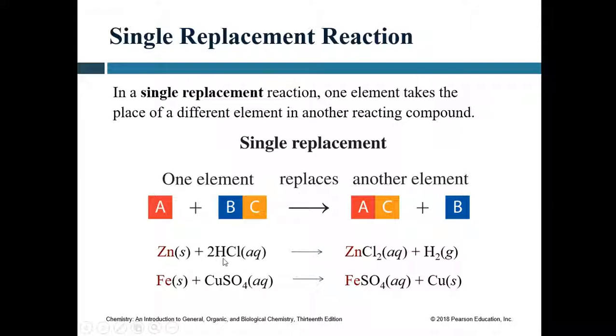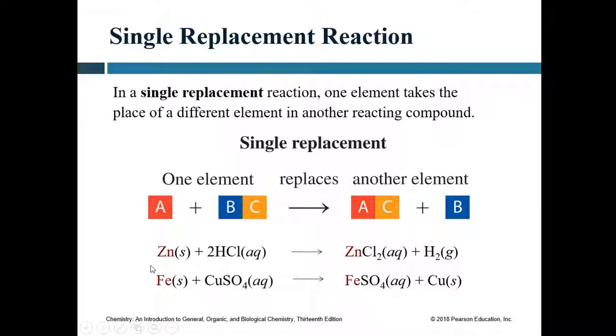It can kick out the hydrogen, and zinc is going to hook up with the chlorine. When it does, you can't just throw out all your learning about compounds. We have zinc chloride hooking up the way you would expect, because zinc is a +2 and our chloride ion is a -1. Hydrogen is a diatomic element, so it's going to hook up with another hydrogen, hence H2.